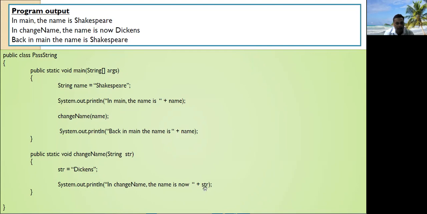Then after that it will execute this one and print the name as Shakespeare, because whatever changes happen inside the str variable are reflected in the object variable name.